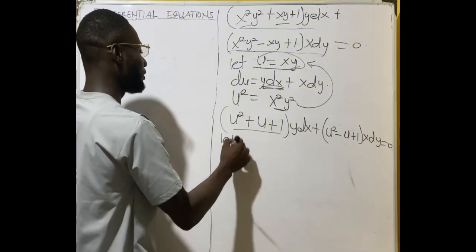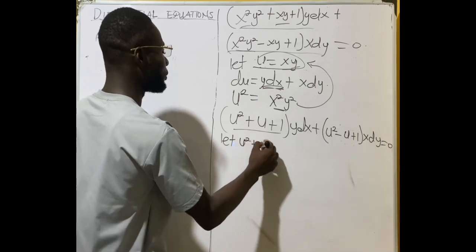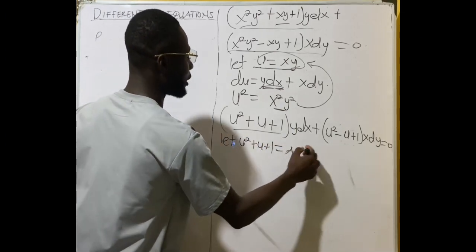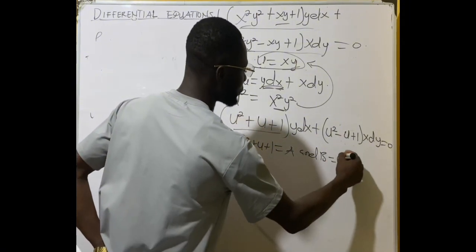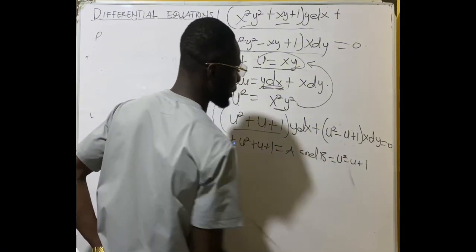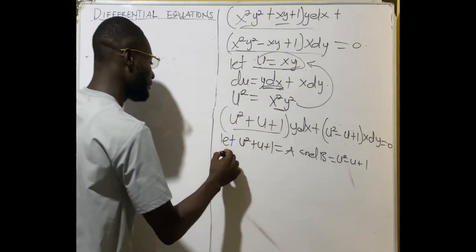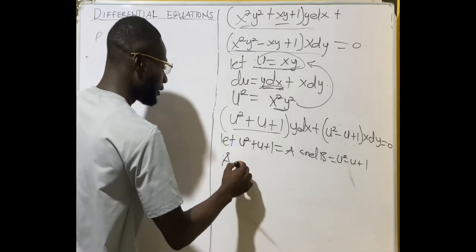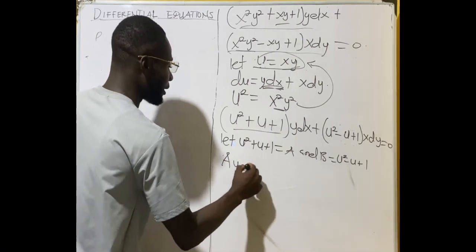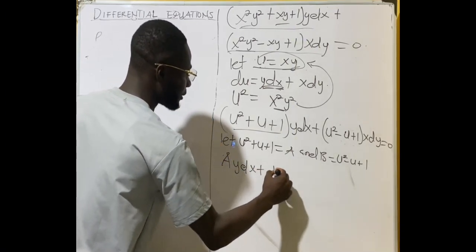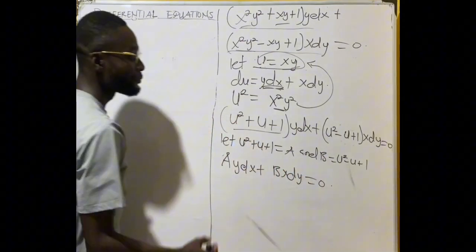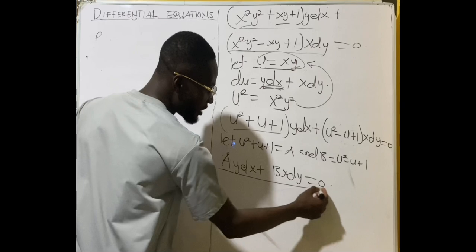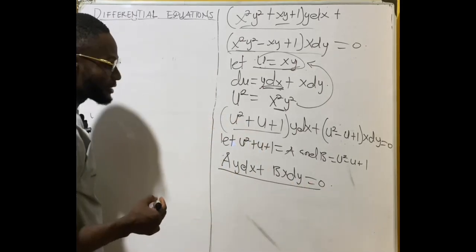Let u squared plus u plus 1 equal a. And also let b equal u squared minus u plus 1. Right, so we're going to have a y dx plus bx dy equals 0.